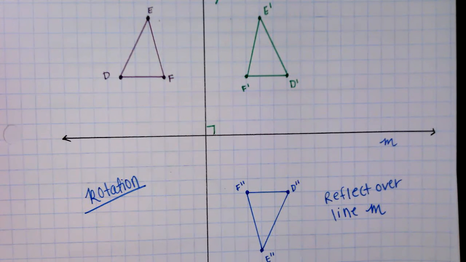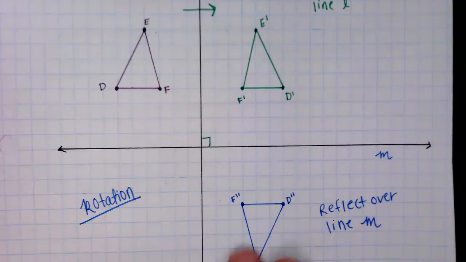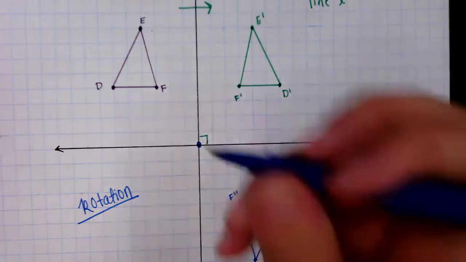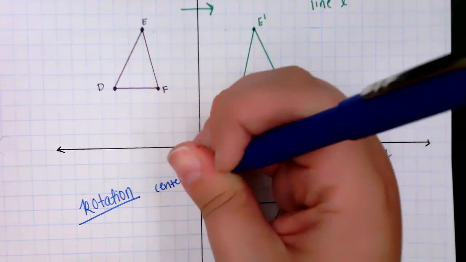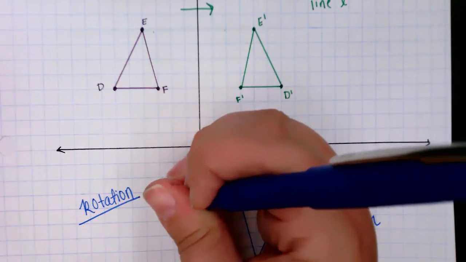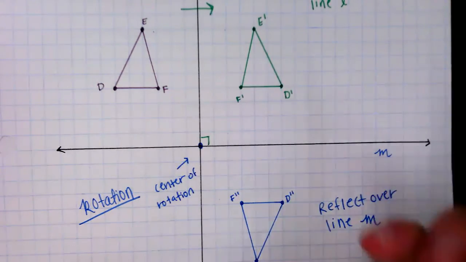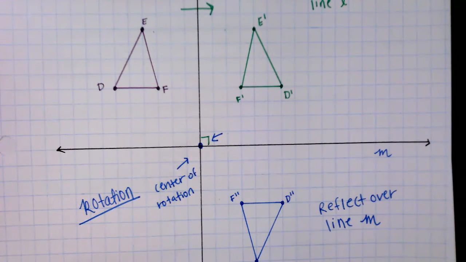Now remember, for rotation we said we need 2 things: the center of rotation and the angle of rotation. Center of rotation for rotating around two intersecting lines is always going to be at the point that they intersect. So this will be the center of rotation. And then to find how much we rotate by, we look at the degree where the lines meet.